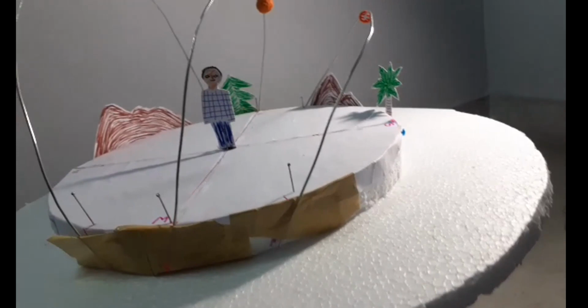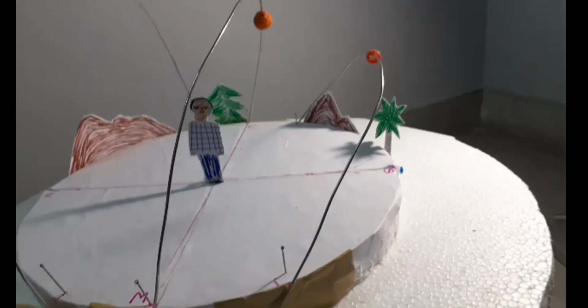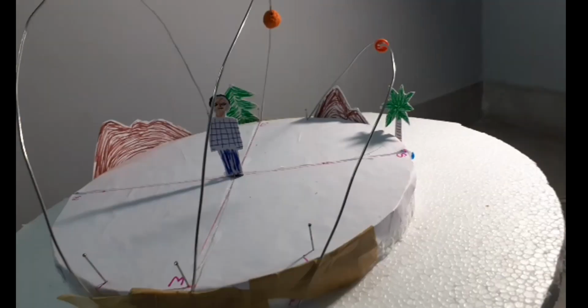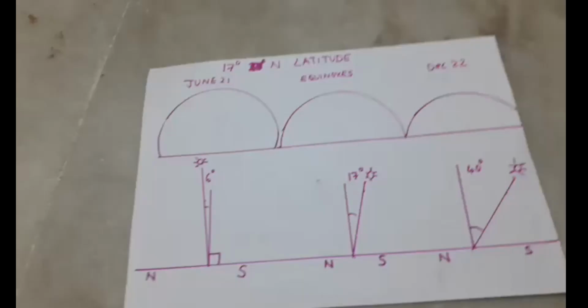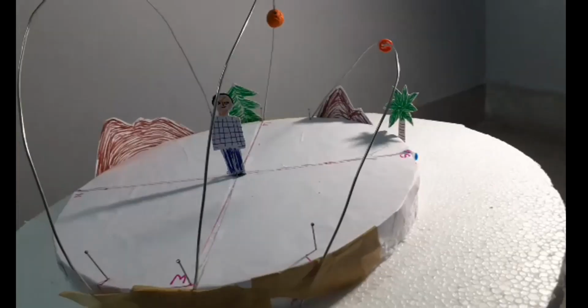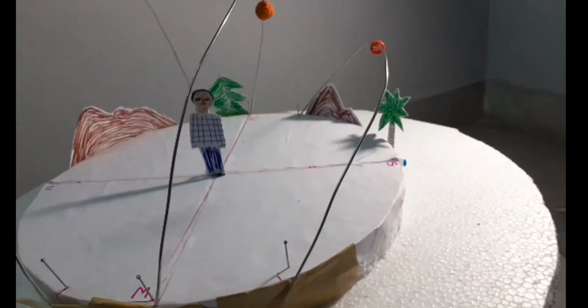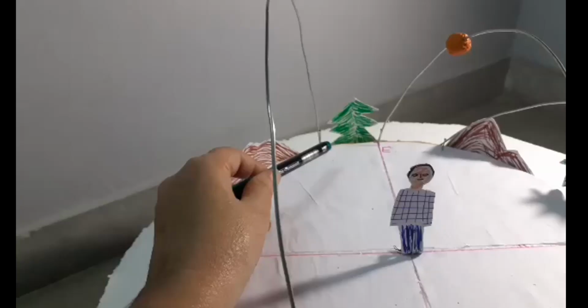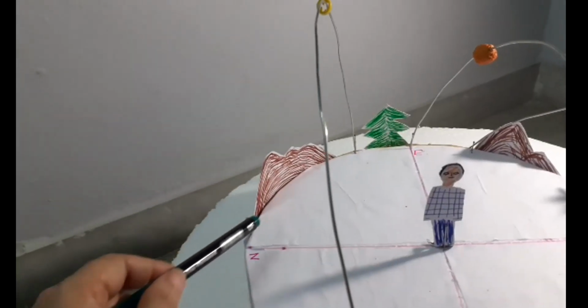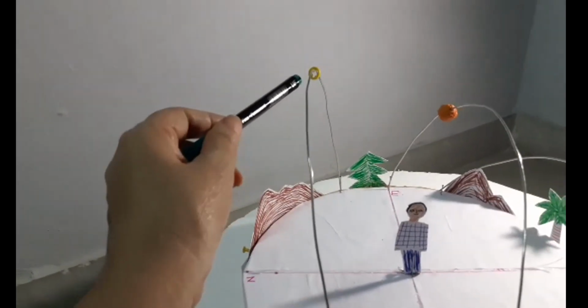So when it goes between these two points, it's because on the day of the summer solstice, it makes an angle of 6 degrees towards the north. So when it moves from the spring equinox to summer, it has exceeded a point.